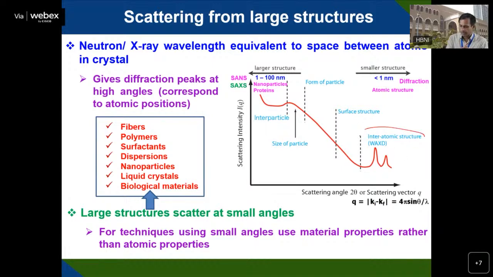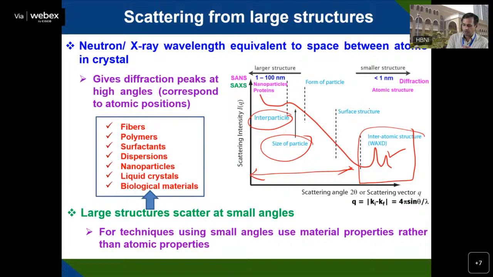This is the wide angle X-ray structure that is normally used in X-ray diffraction, where you get this information at high theta. But when you go to low theta, you get information on interparticle interaction, the size of the particle, surface structure, and the form of particles.